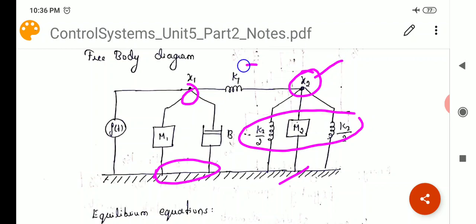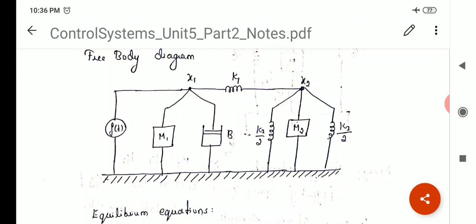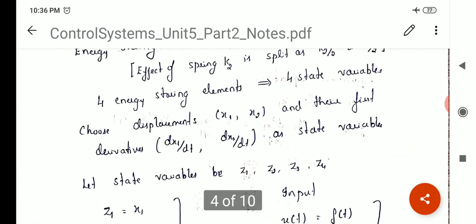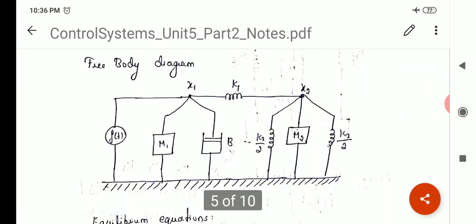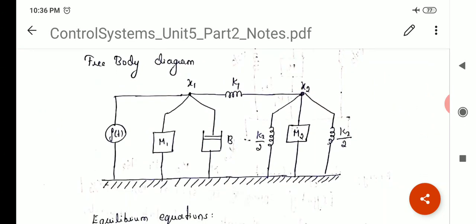K1 is associated with the two displacements x1 and x2, therefore it is connected between the nodes x1 and x2. I'll just scroll up and show you. You can see here K1 is connected between M1 and M2. Therefore, it is associated with two displacements x1 and x2. That is why we have drawn K1 between the nodes x1 and x2.